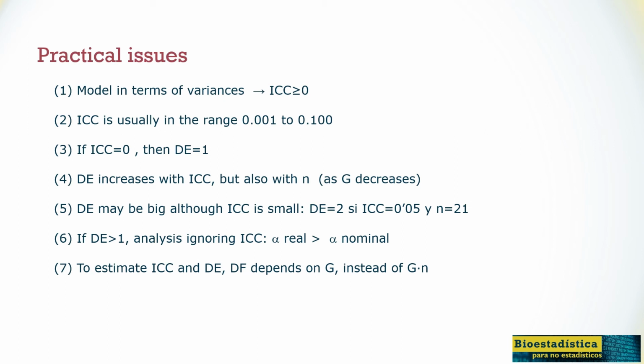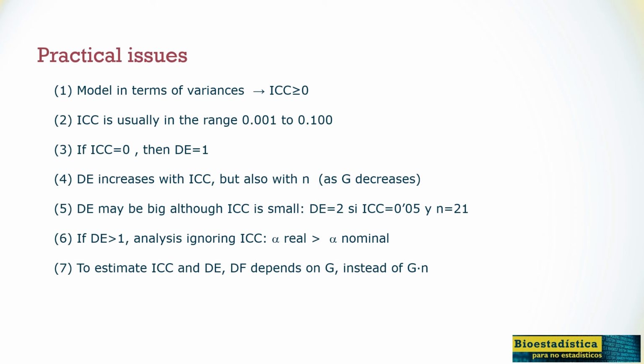The variance of the estimator does not increase. 4. DE also depends on N, the number of cases per group. 5. DE can multiply by 2 the variance of the estimator, even for a low ICC, 0.05, if the number of cases per centre is 21. 6. If DE is greater than 1, ignoring it erroneously causes an increase in alpha risk and potency.